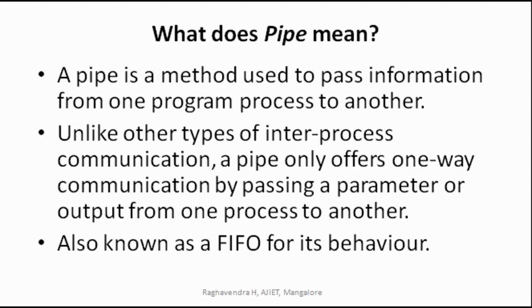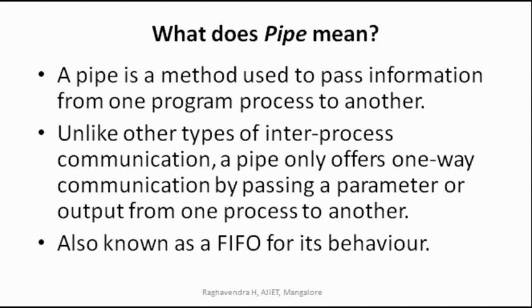To use this pipe, we have to create this FIFO special file in the file system by calling a function called mkfifo. Okay, there is a function name. We call this function in C.